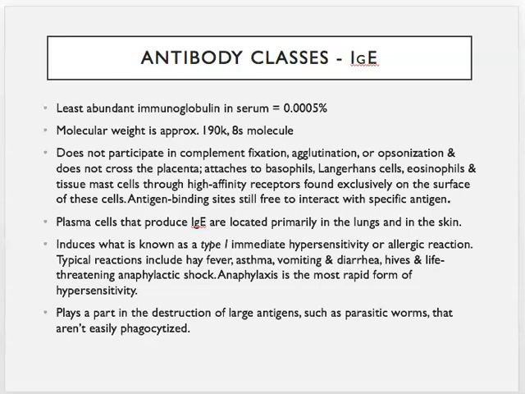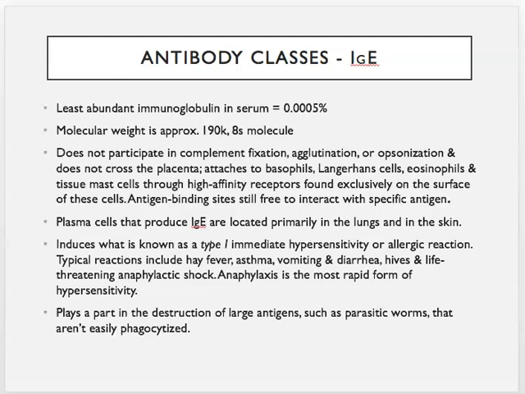Your plasma cells that produce IgE are located mostly in the lungs and in the skin. When two adjacent IgE molecules on a mast cell bind a specific antigen, a cascade of cellular events is initiated that results in degranulation of the mast cell. This results in release of vasoactive amines like histamine and heparin, which induces what's known as a type 1 immediate hypersensitivity or allergic reaction.